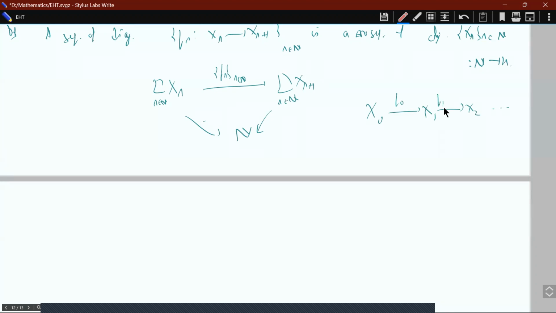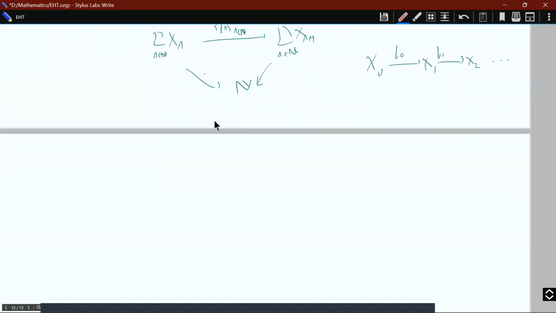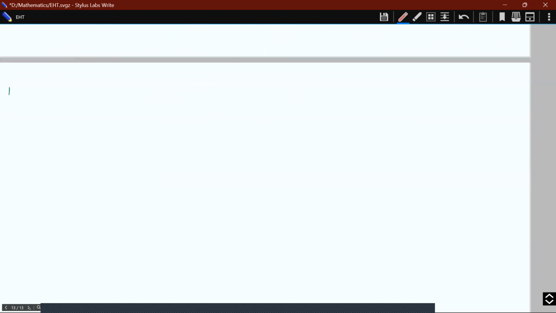Right. And okay, so now we can define a sequential limit, or a sequential diagram of objects. The sequential limit of J is, sorry, that is the co-equalizer.